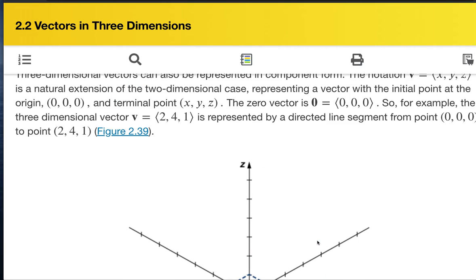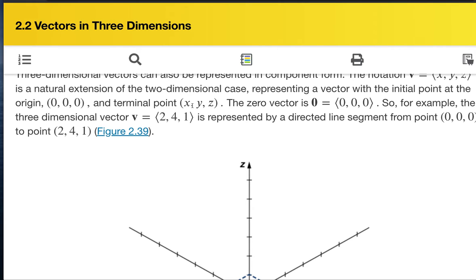Another small thing to mention: we have vectors v in bold print if you read the textbook. From now on, bold print is mostly for vectors, even 0 is a vector. Then x, y, z in the regular fashion are real numbers.